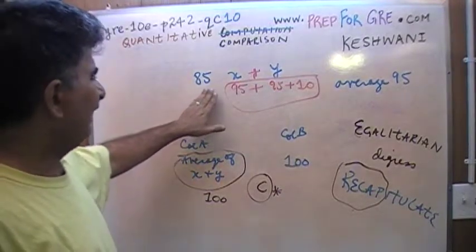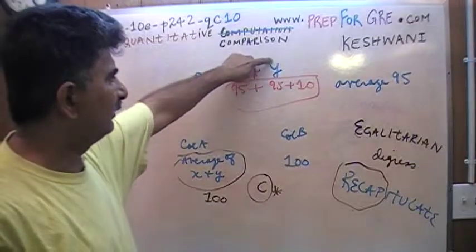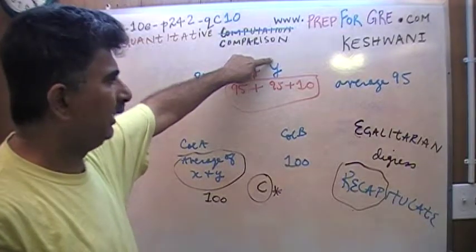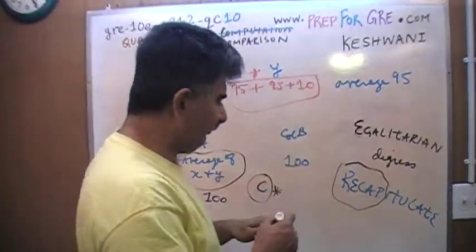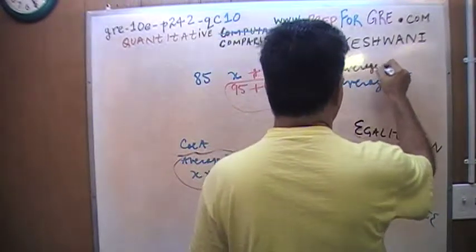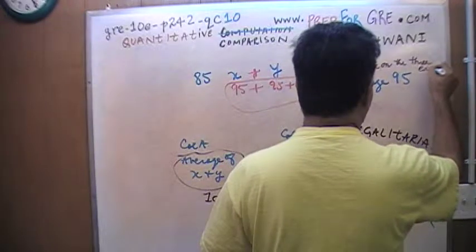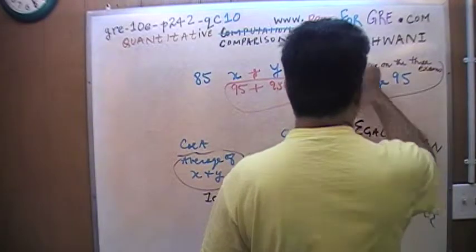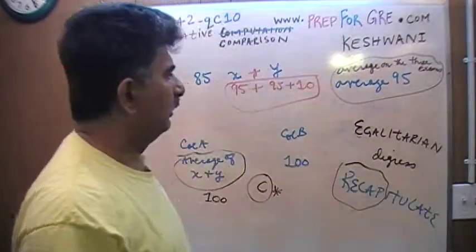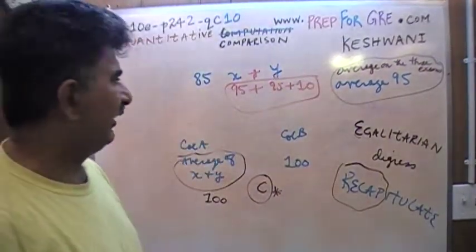So we had three exams. On the first exam we scored 85, on the second exam we scored X, on the third exam we scored Y. And we are told that the average on the three exams is 95.